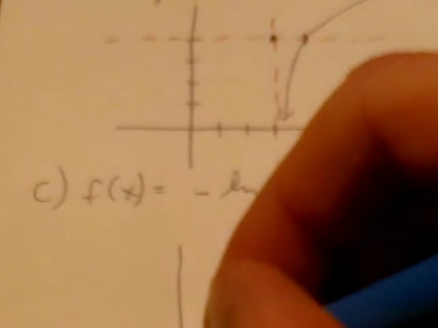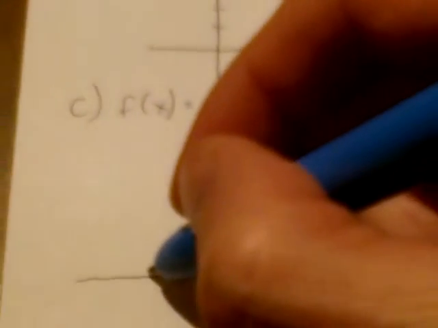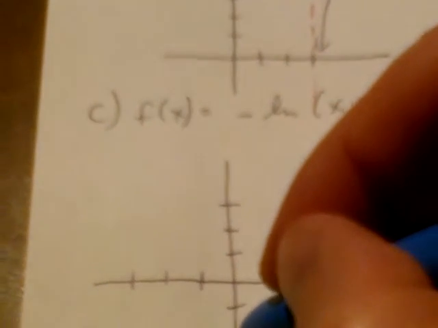So let's make our little xy coordinate plane here, and we're going to do 1, 2, 3. Probably didn't need to go in that direction. 1, 2, 3. Alright, and so we are going to move left 2 and down 1.